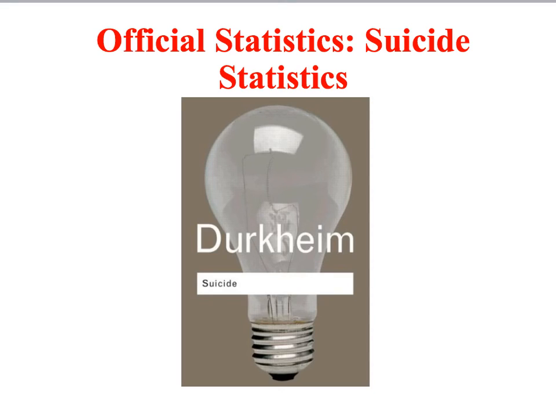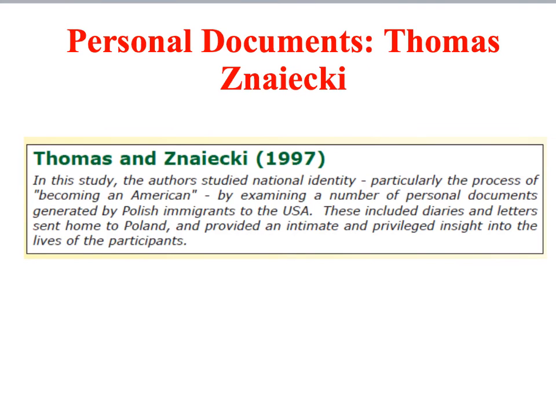Another type of secondary data used in sociological research is the use of personal documents, which are sometimes also referred to as life documents and include things like letters, diaries and autobiographies.